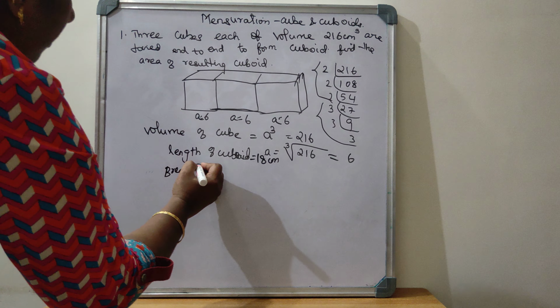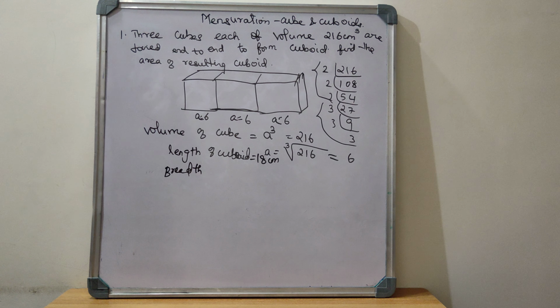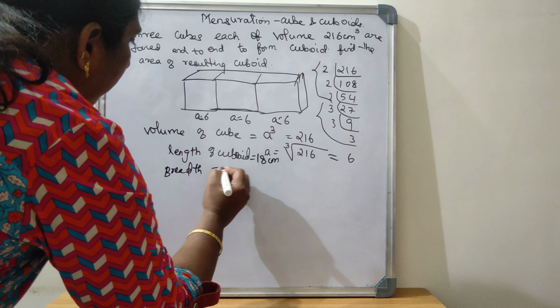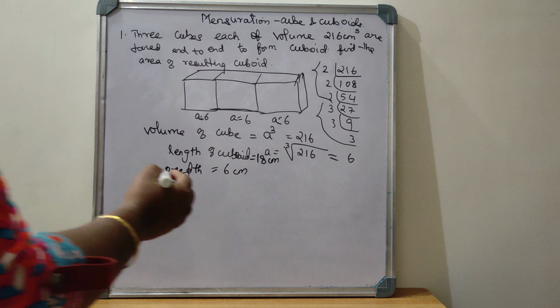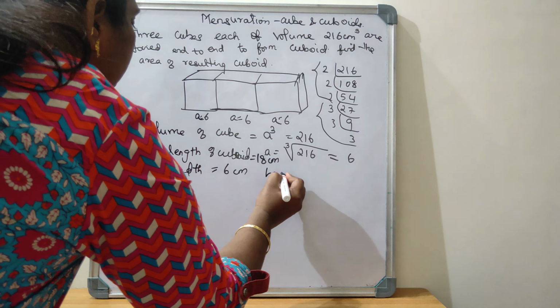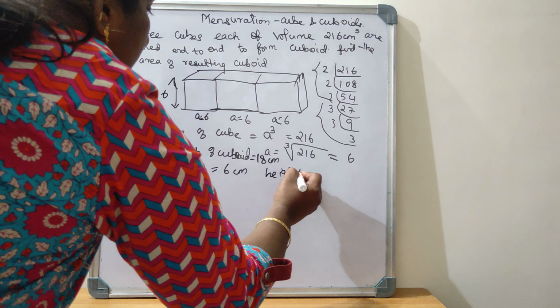When you are joining the cubes, it is joining on the sides, so the length will be increased, but the breadth will not increase, so the breadth remains the same. And the height of the cuboid will also remain the same.